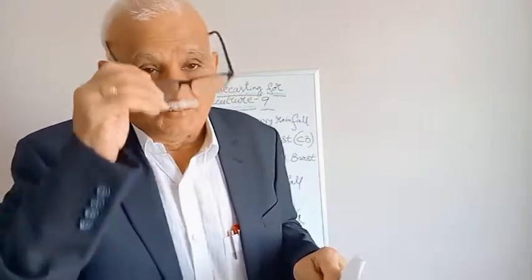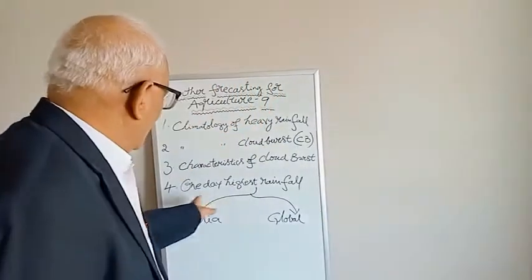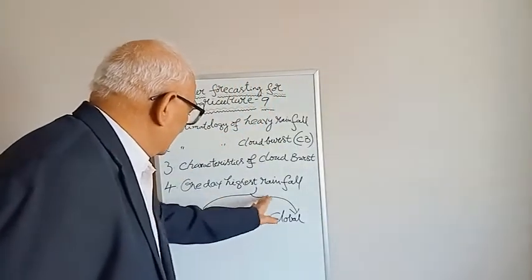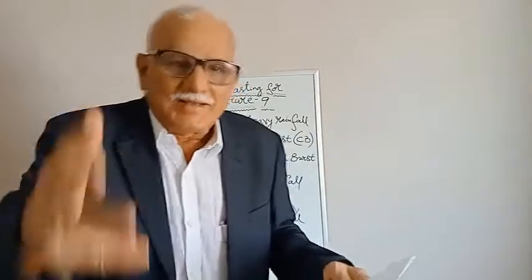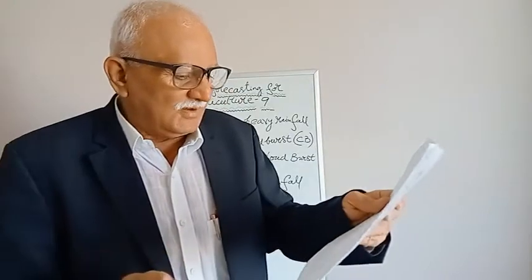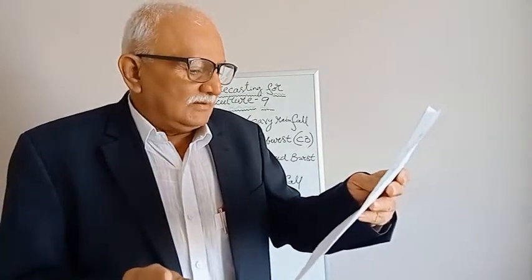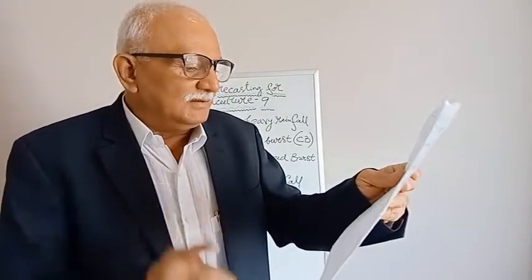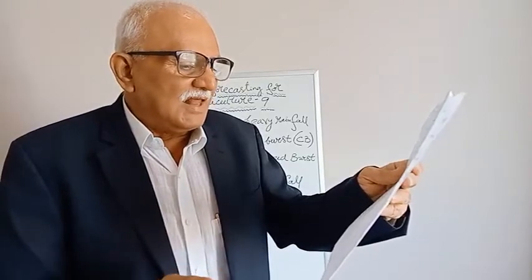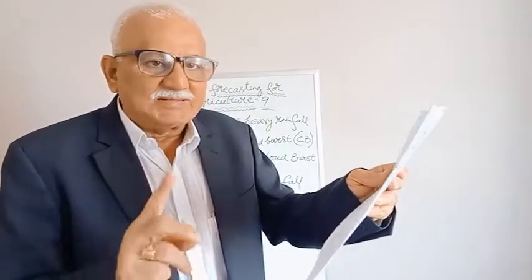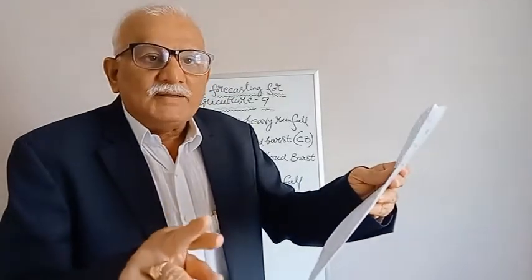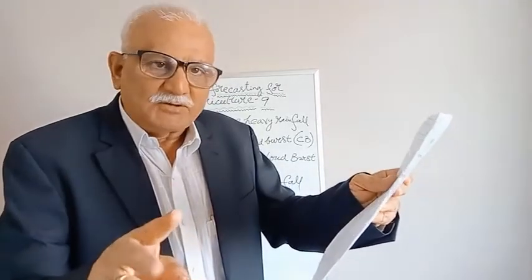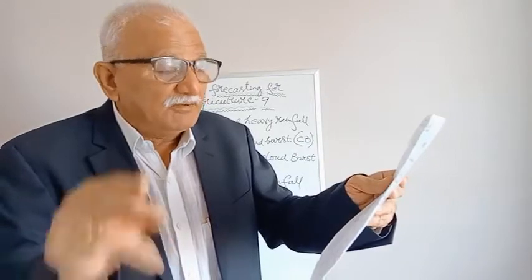Now, in this class, in the last 1 minute, I would like to discuss with you the one-day highest rainfall, as far as India we discussed, now globally. What is the highest rainfall in one day globally? The first one, 184.1 centimeters of rainfall, Cilaos, Reunion Island, on 15th-16th March 1952.